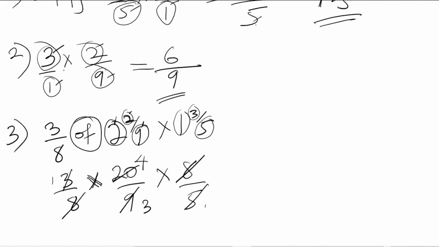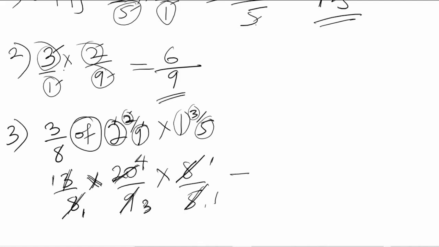I don't know if you get me. 8, we divide 8, 1. You divide this 8, 1. 5, we divide this 5, 1, and divide this 20 to become 4. 3, we divide this 3, 1, and we divide this 9 to become 3.